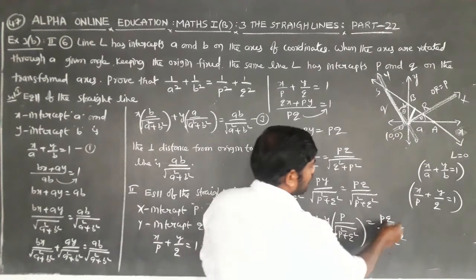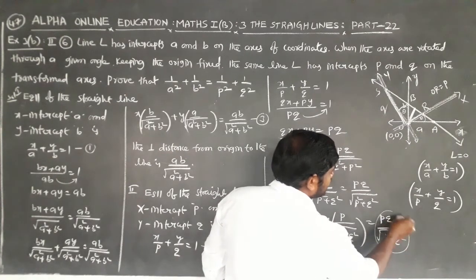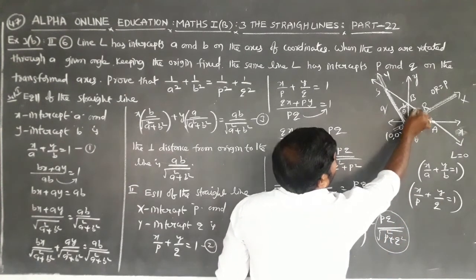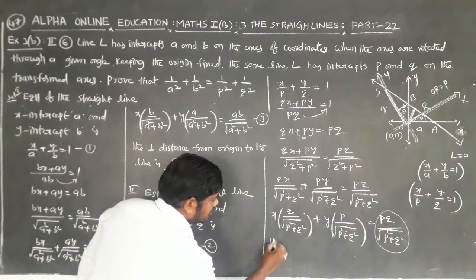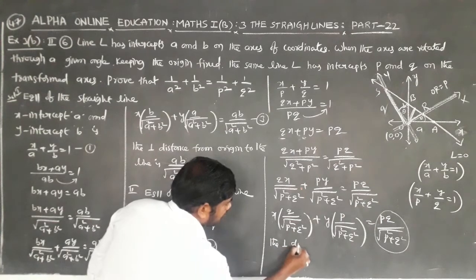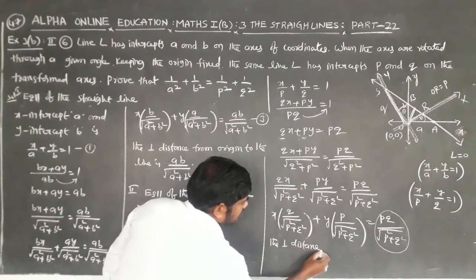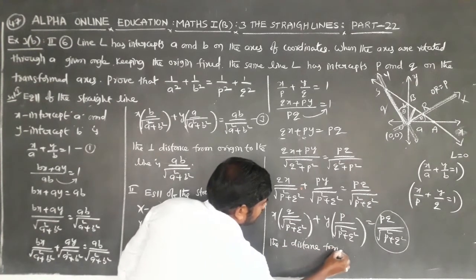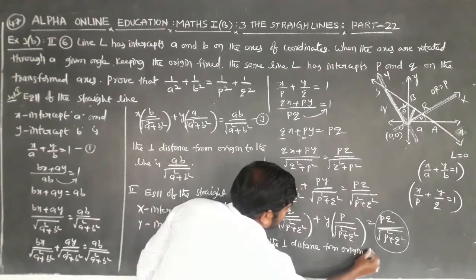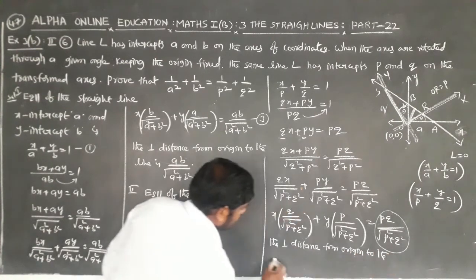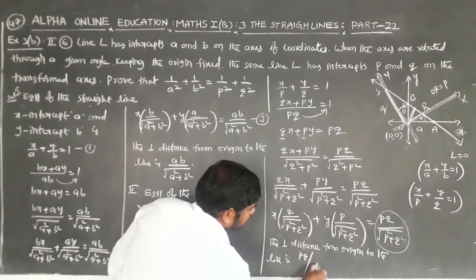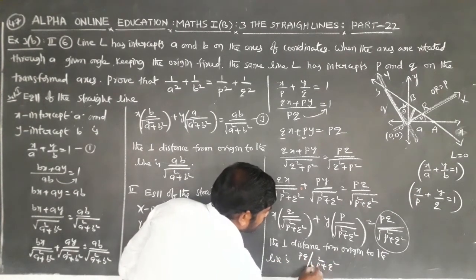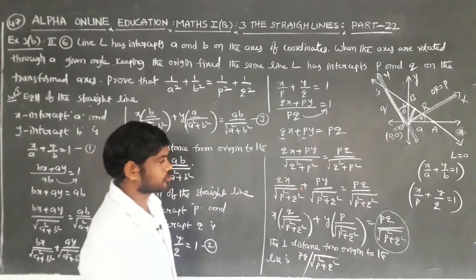This is the perpendicular distance from the origin to the line L. Here the perpendicular distance from the origin to the line is PQ by root of P square plus Q square.